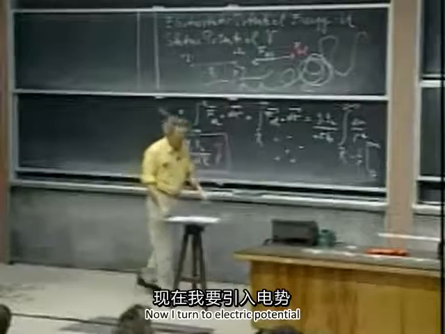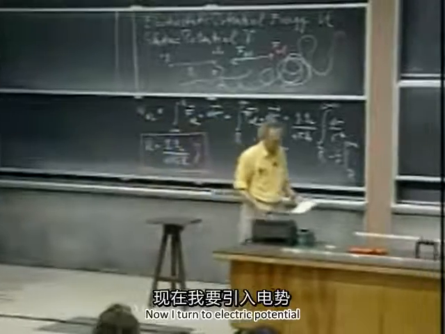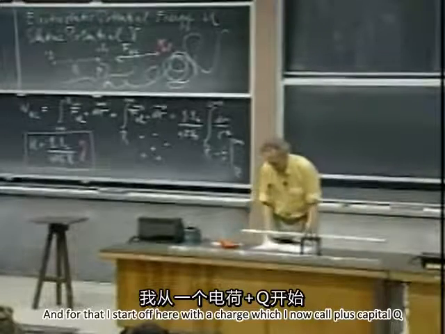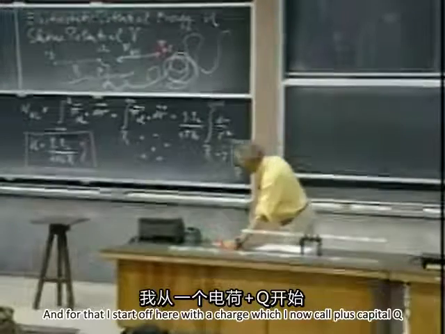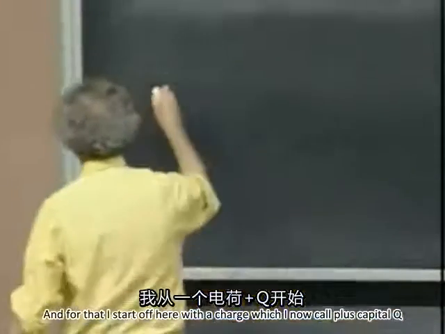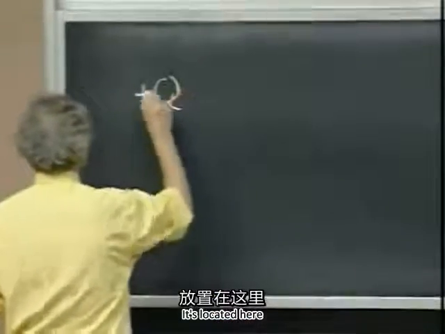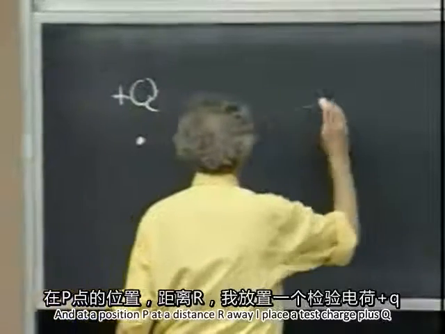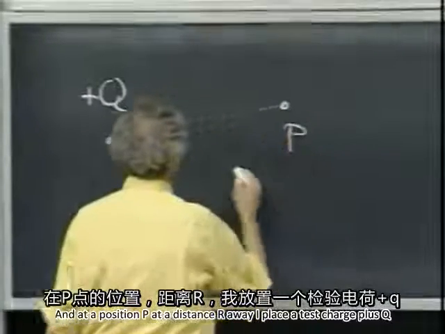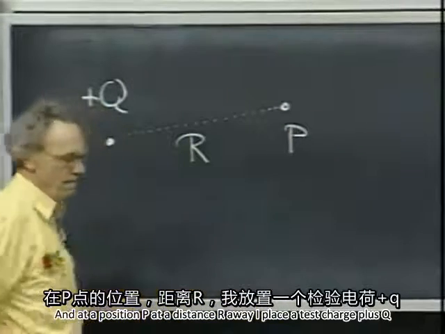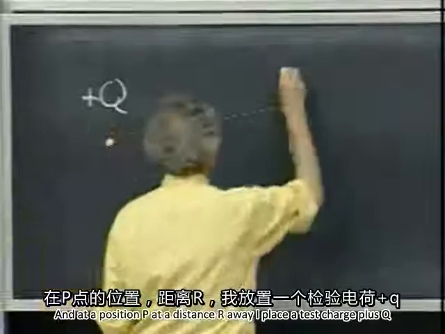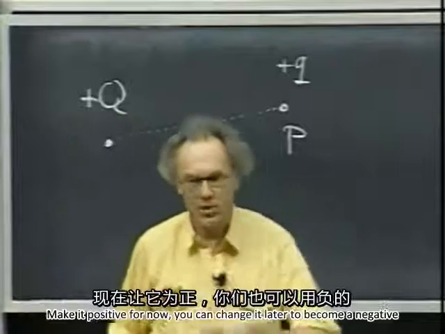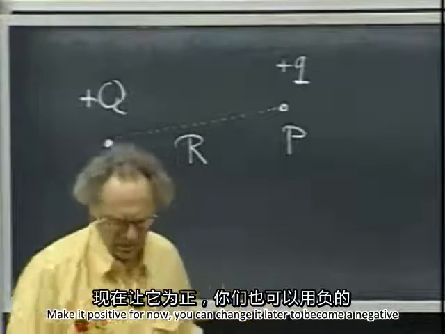Now I turn to electric potential. And for that, I start off here with a charge which I now call plus capital Q. It's located here. And at a position P, at a distance R away, I place a test charge, plus q. Make it positive for now, you can change it later to becoming negative.